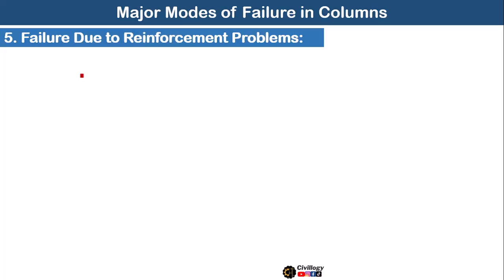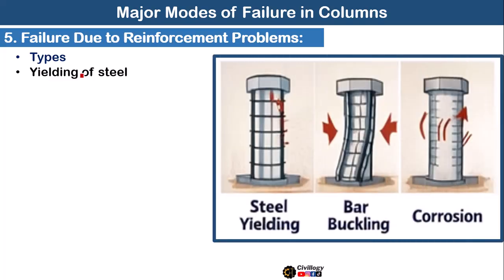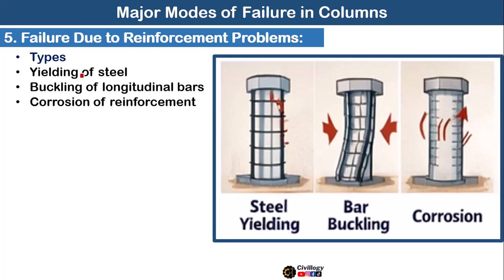The fifth type of failure is failure due to reinforcement problems. There are three types of failures which are due to reinforcement problems. First one is yielding of steel. The second one is buckling of longitudinal bars, and third one is corrosion of reinforcement. So these three types of reinforcement problems could be the reason of failure of column.